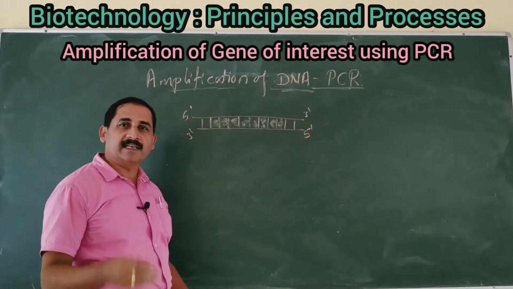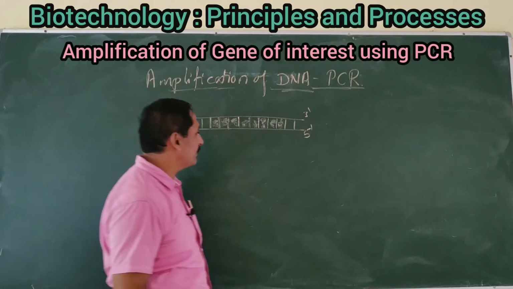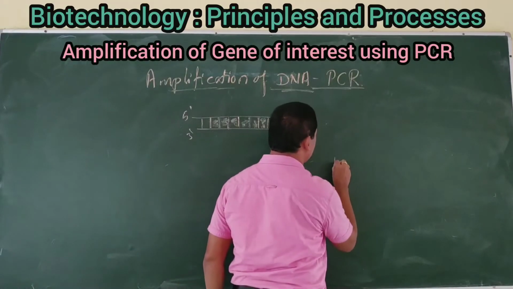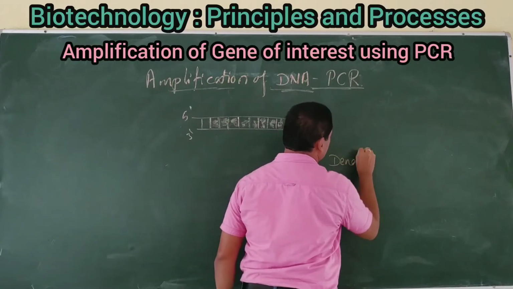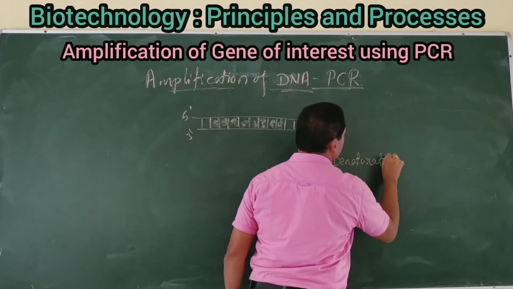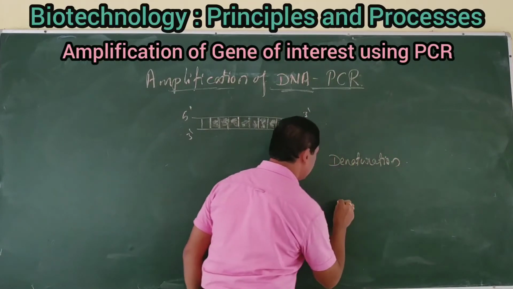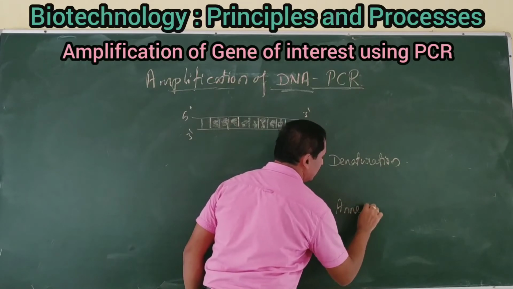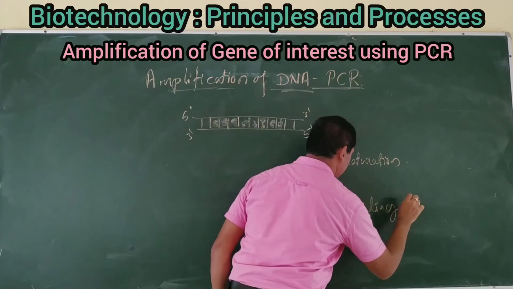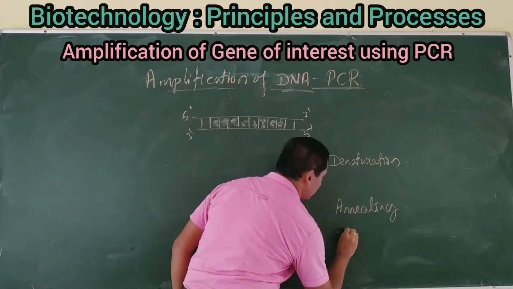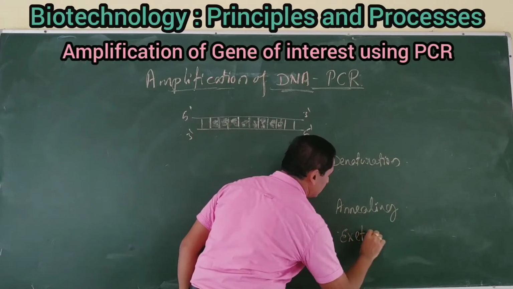DNA? It consists of three important steps. The first step is denaturation. The second step, annealing. In the third step, we can see the process of extension.